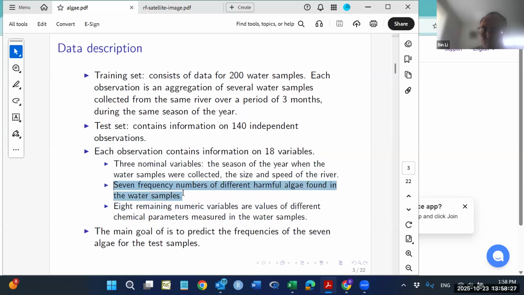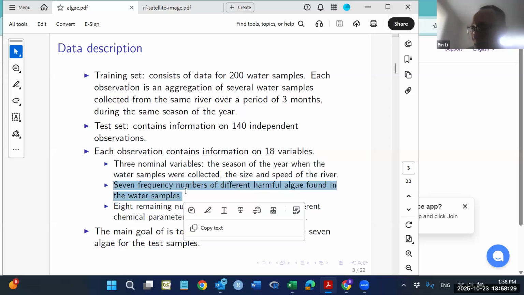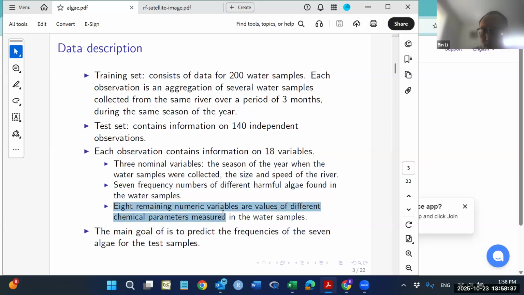These 7 are the response variables. So this is an example where we have more than one response variable. And these are the 8 remaining numeric predictors, the values of 8 different chemical parameters measured in the water samples.